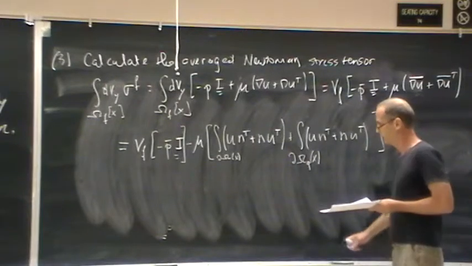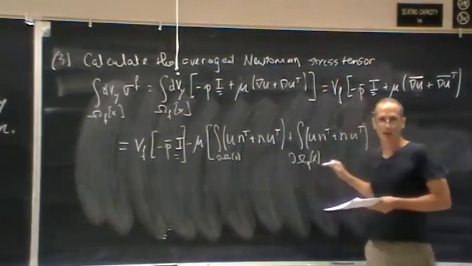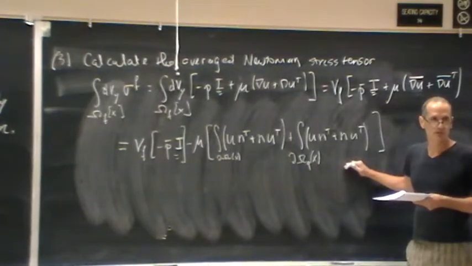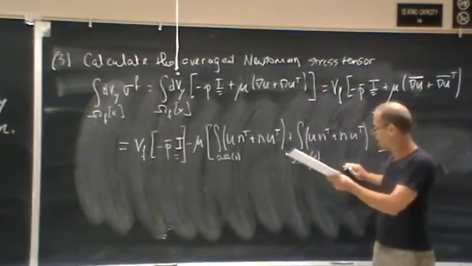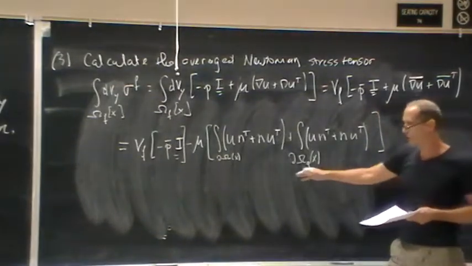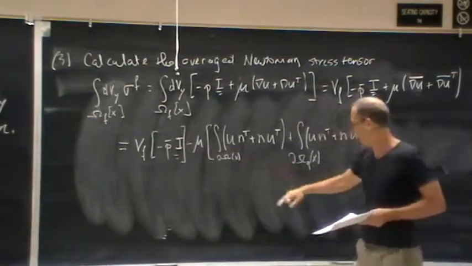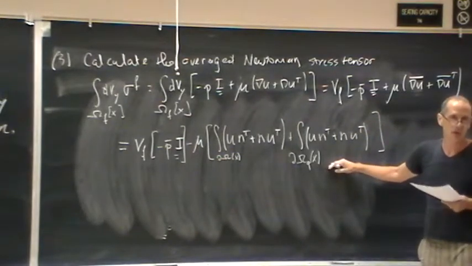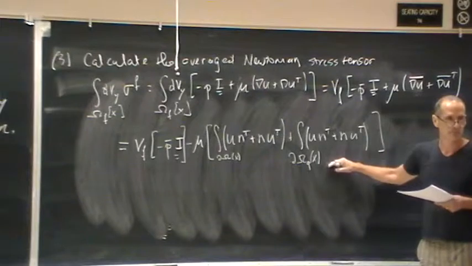Now, this I like. I'm expressing the average Newtonian stress in terms of some average field here, that's fine, it's just the pressure. And then something that involves surface quantities of the particle data, right here. That's over all the surfaces.